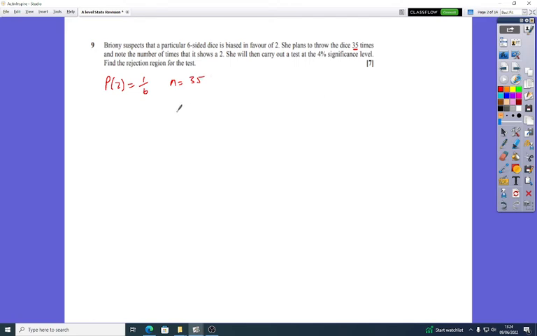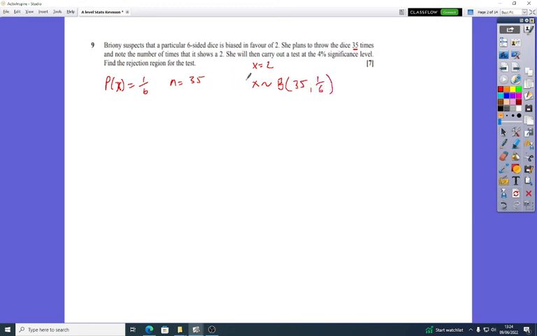So let's call getting a 2 x. We're going to say x is the event of getting a 2. So x will follow a binomial distribution, where we've got 35 trials and the probability of success of a trial is 1 out of 6.